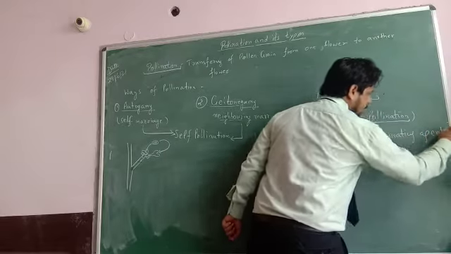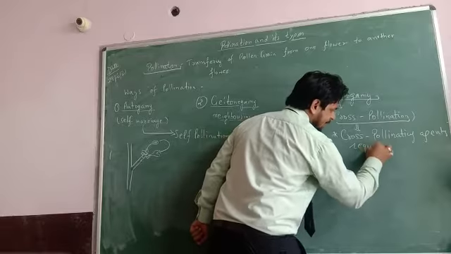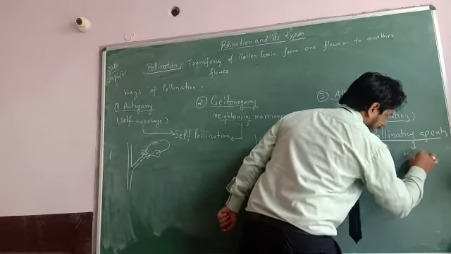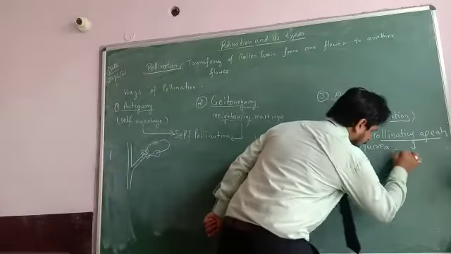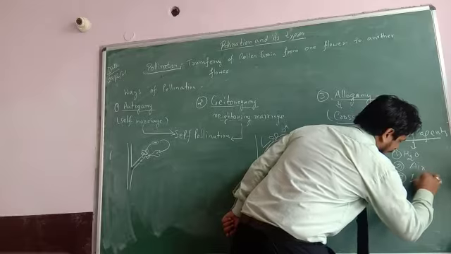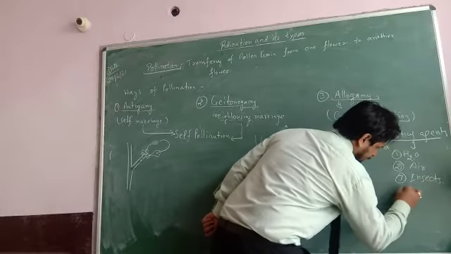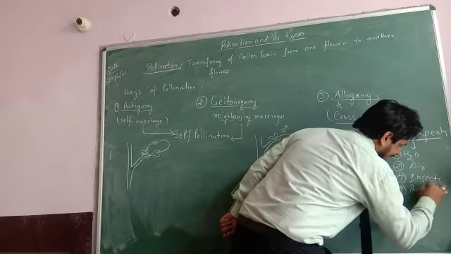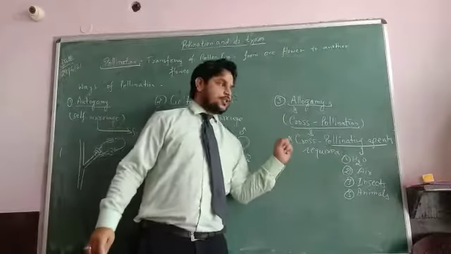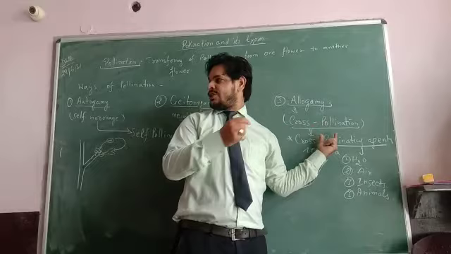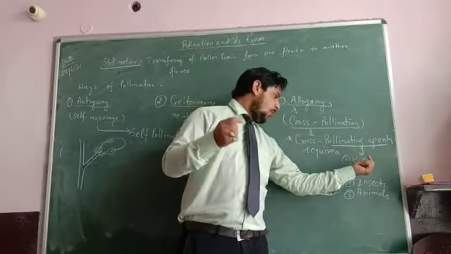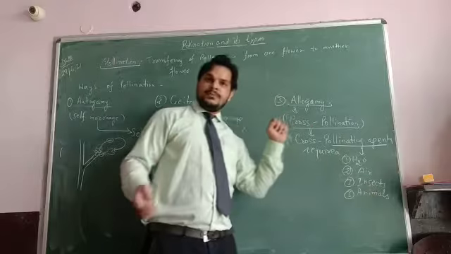These pollinating agents may be water, air, insects, and animals also, like the elephant. So for cross pollination, pollinating agents are required.